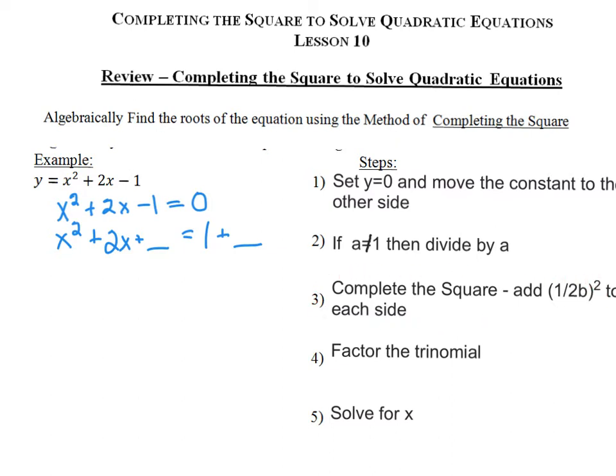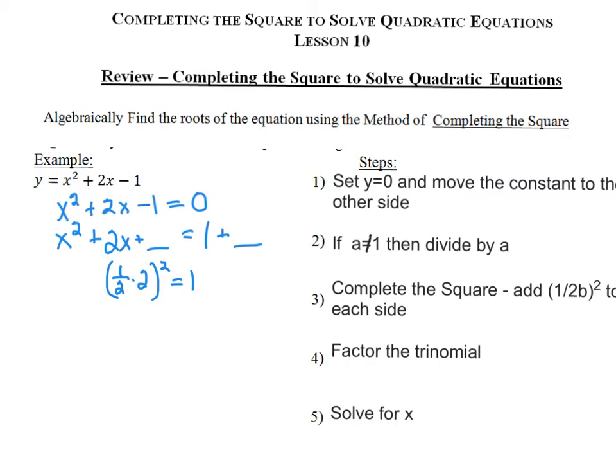For this process, we are going to look at our b, which is our coefficient of the x term. In this case, it's 2. We want to take half of the value of b. So I'm going to multiply 1/2 times that coefficient of x, and then I'm going to square that number. Half of 2 is, of course, 1, so 1 squared is just 1.